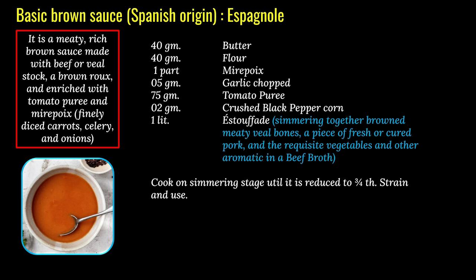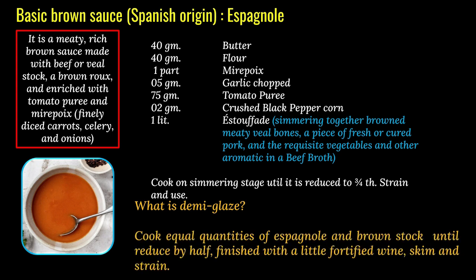Most of the time in the kitchen, another term is very common, known as demi-glace, so let us clarify what demi-glace is. Cook equal quantities of Espanol and brown stock until reduced by half. That means once the Espanol is ready, you take 1 part Espanol and 1 part brown stock, mix them and reduce to half.